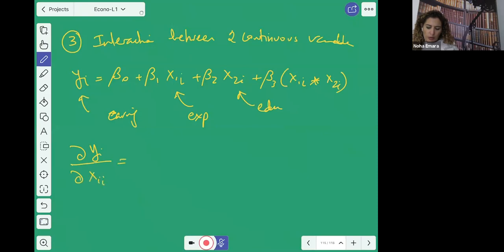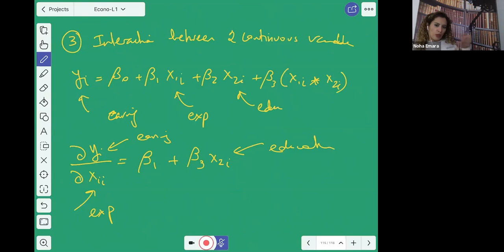Then it's going to be equal to beta 1 plus beta 3 x2i. So the effect of experience on earning depends on education. So your education is a factor in this slope, right? So the effect of experience on earning would depend on the level of education, right?